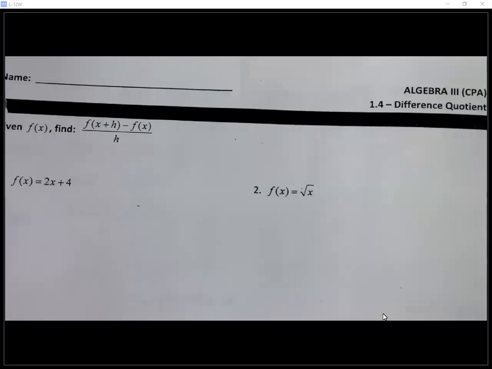How'd this one go? Maybe I picked one that was too easy, unless you're thinking, what do you mean this is too easy? I have no idea what I'm doing.